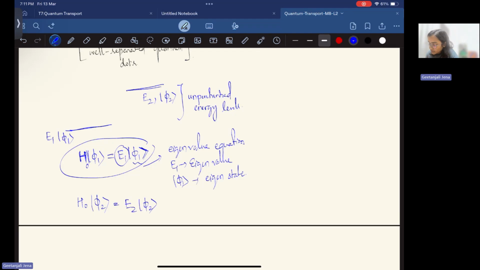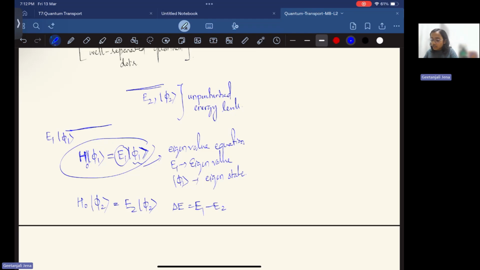And the energy difference between these states in the unperturbed situation is E1 minus E2 or E2 minus E1, depending on whether the energy level E1 is greater or E2 is greater. So for now, we are just considering E2 is greater than E1. We have a similar case where E1 is greater than E2.